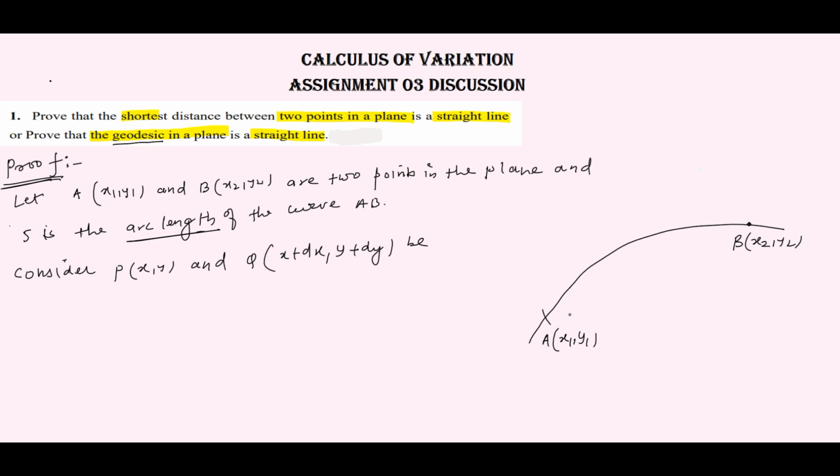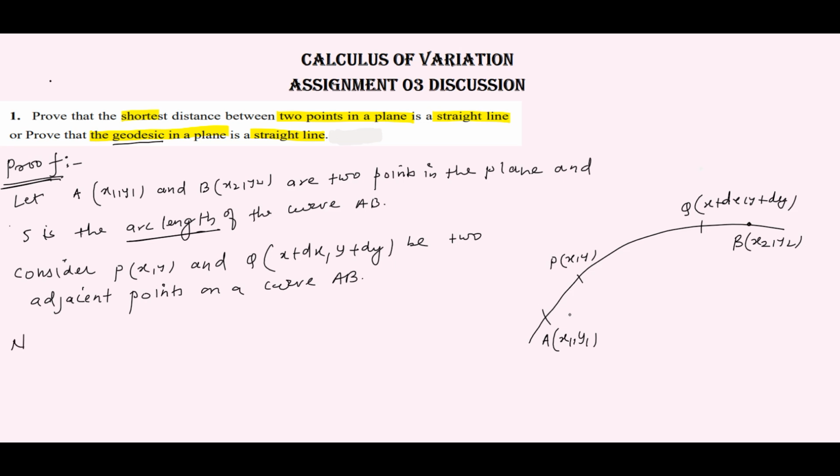Let them be two adjacent points on the curve AB. So this point will be P, that is x comma y. This point will be Q, that is x plus dx, y plus dy.